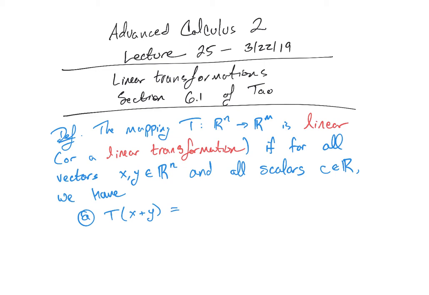First thing is that if you apply the transformation to x plus y, you'll get the transformation applied to x plus the transformation applied to y. And the second one, if you scale your vector x by c, and then you apply the transformation, that's the same as applying the transformation and then scaling by c.